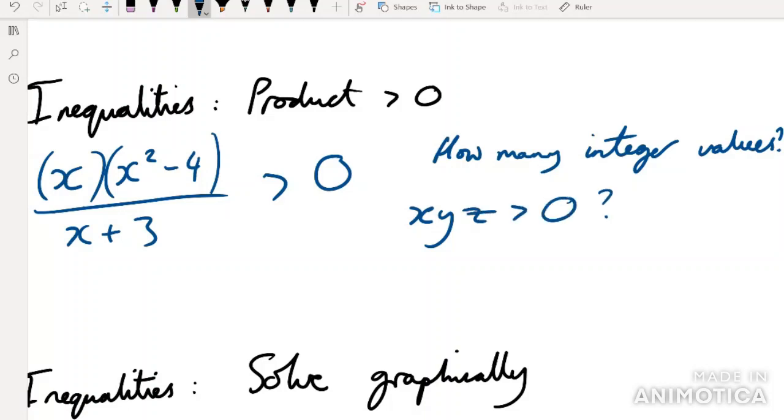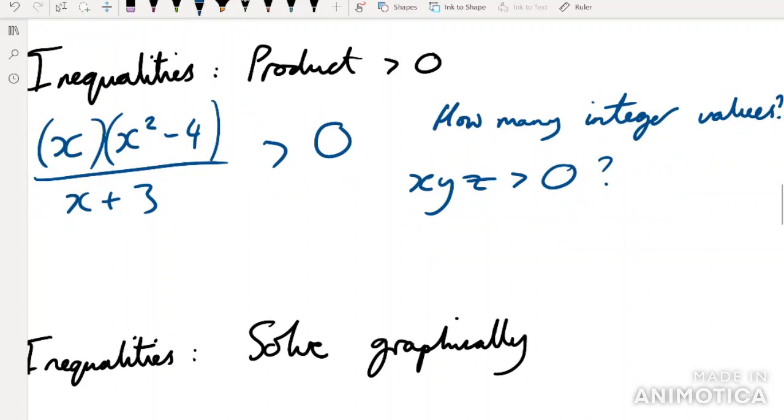For any inequality, if it's asking whether the product is greater than 0 or less than 0, you don't really care about the size of the numbers. You only care if they're positive or negative.